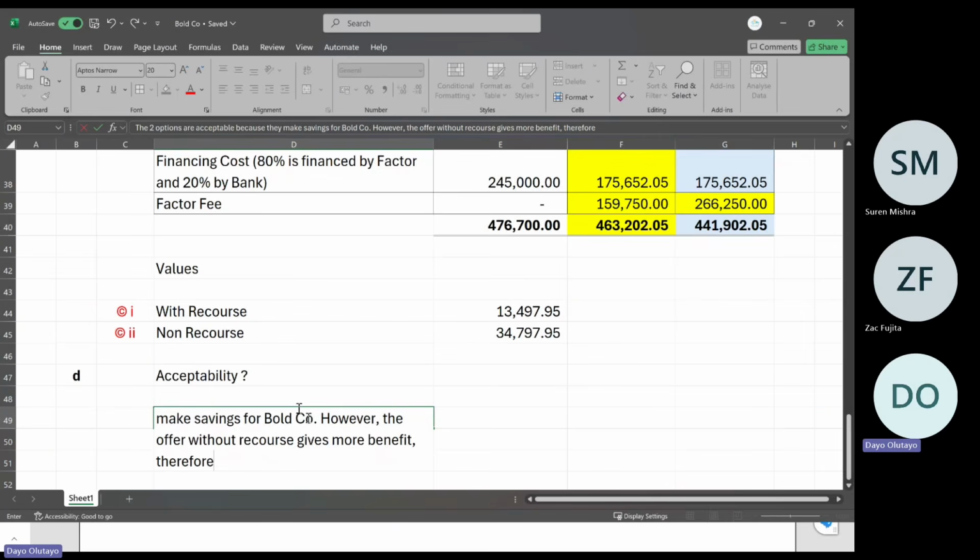Therefore, or let's say more savings of about 35,000.